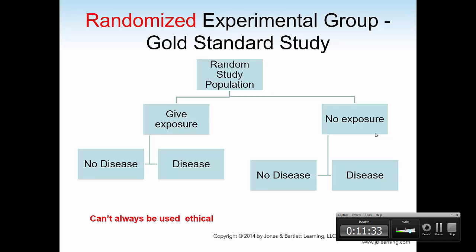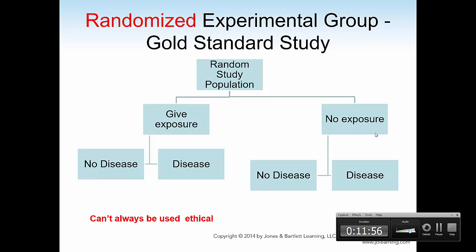So if you could do a randomized experimental group study, then you would grab some random study people and say, you are a part of my population, and you can pick or choose. Okay, and probably you'd want to get people within the same age group, and you might want to have similar variables within that group.